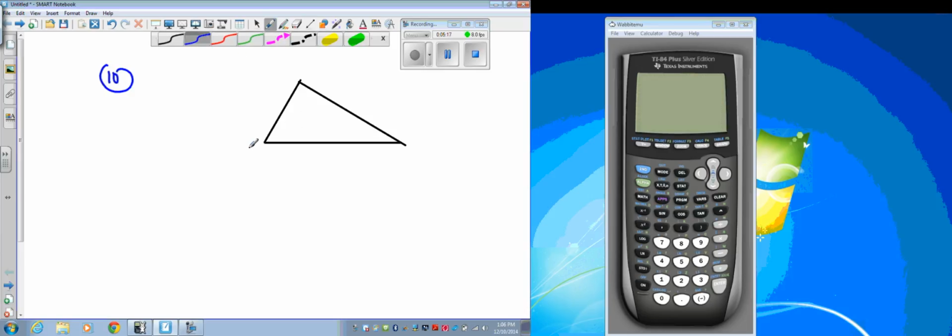If we say this is angle A, and it does not make any difference, then this is going to be B, and this is going to be C. And what they're giving us is this angle, which is 60, and this side, which is 3, and this side, which is 8. You can letter it any way you want.